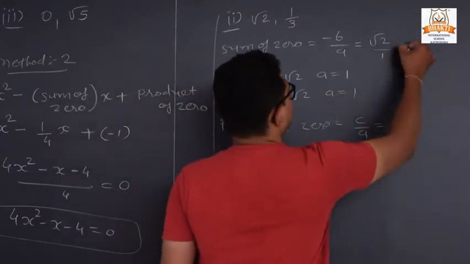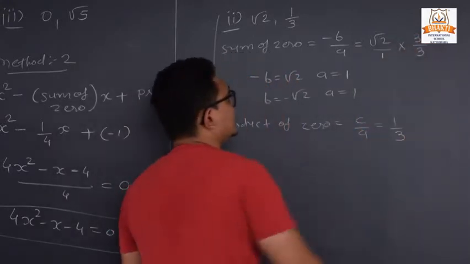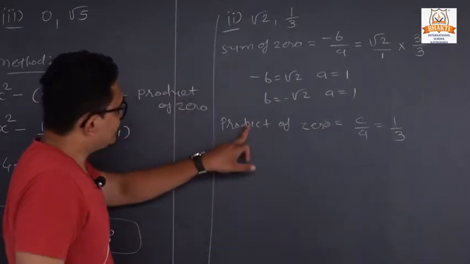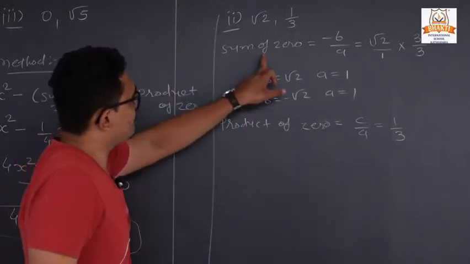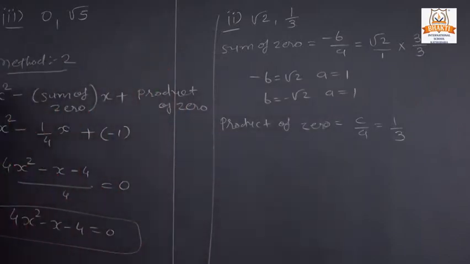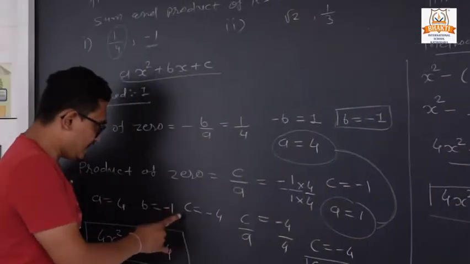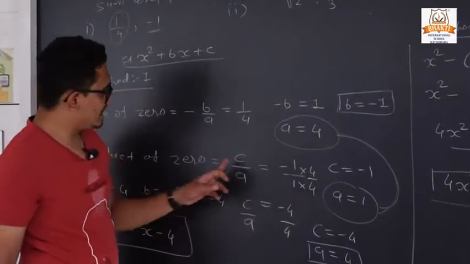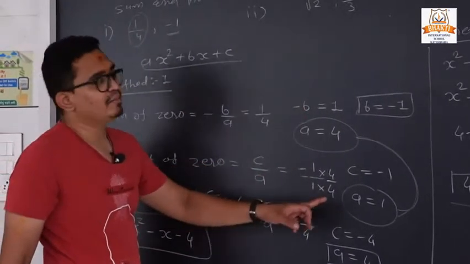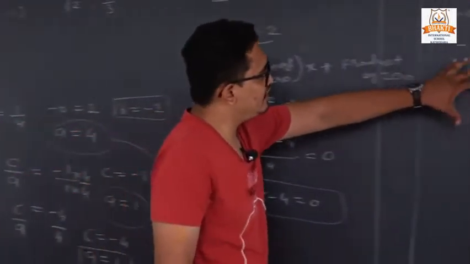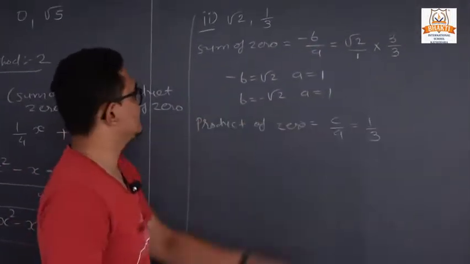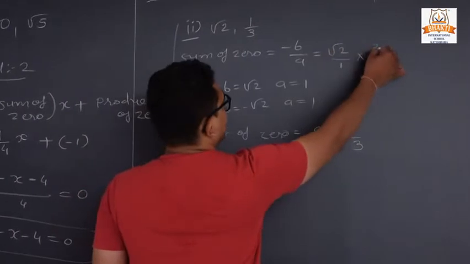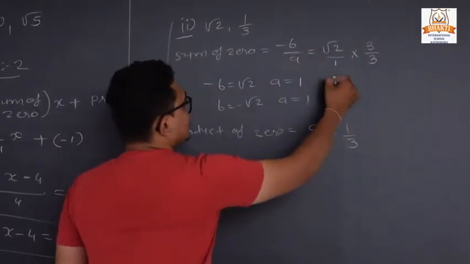So we are multiplying our first with 3. See that in this we are multiplying the sum of zeros with 3, and in question number 1 we are multiplying the product of zeros with 4. So either you can multiply here or here, but the value of a will be the same in both cases. So now what is the value of minus b?